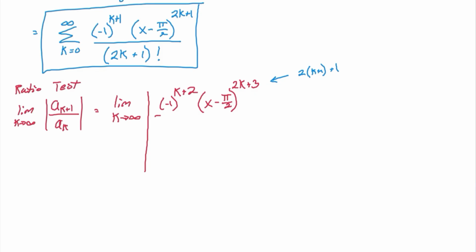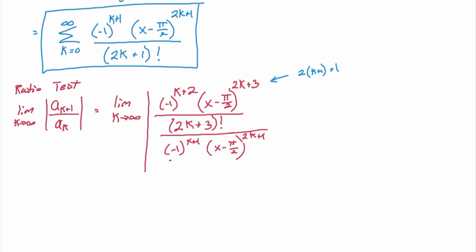And then that is divided by 2k plus 3 factorial, again for the same reason, divided by the current term, negative 1 to the k plus 1 times x minus pi halves to the 2k plus 1 divided by 2k plus 1 factorial.